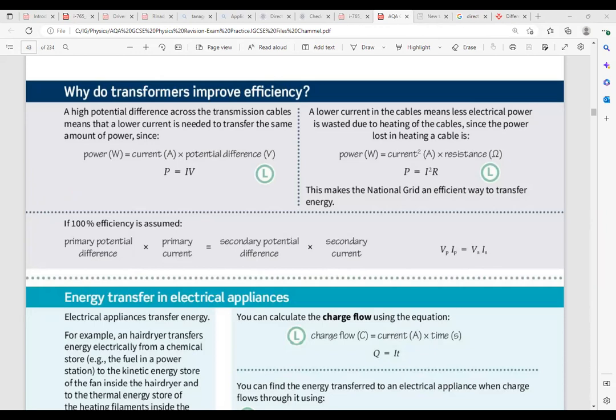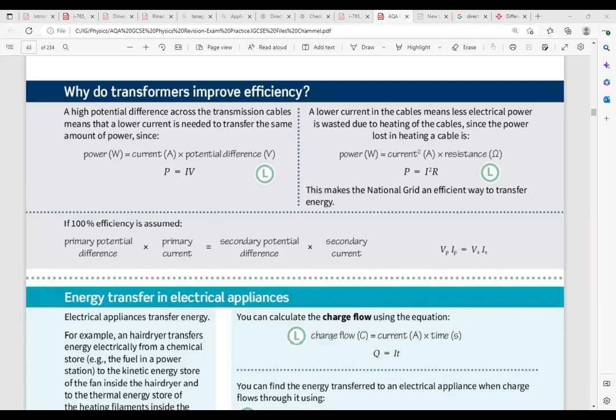I'm going to define the current first. Current I is the amount of charge moving through a wire in a certain time. I equals Q over T, where Q is the amount of charge and T is the time.